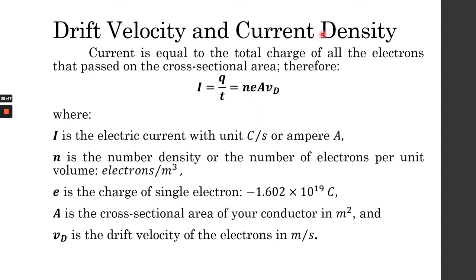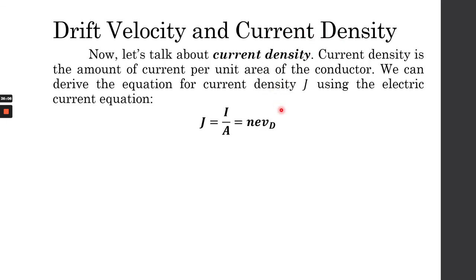And current density, as we discussed earlier, is basically current per area. So J is basically current divided by the area. We move the area over to the current, and that's going to give us the current density right here.